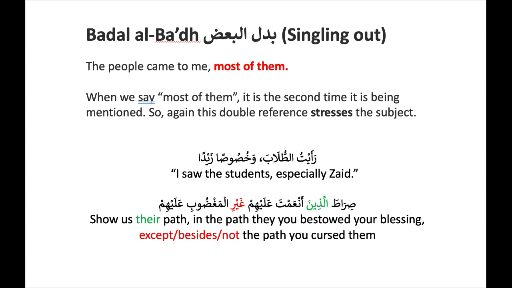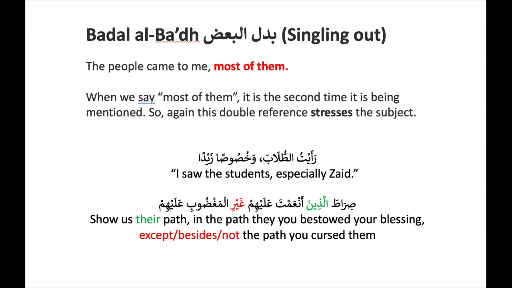Let's look at a Quranic example for Badal al-Ba'du. صراط الذين أنعمت عليهم غير المغضوب عليهم. Here, صراط الذين means their path. اهدنا الصراط الذين. Show us their path. Now there, this group of people, them, Allah has shown the path in two ways.